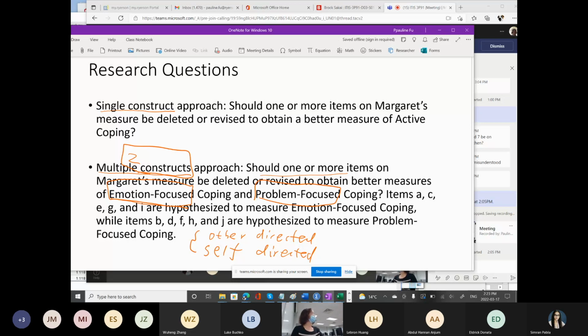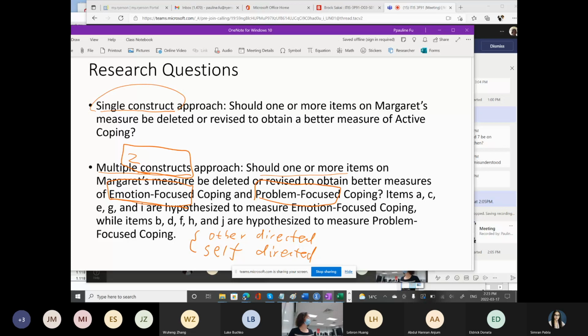Okay? So there are actually two big questions. One question is single construct. The other question is two constructs. Under two constructs, there are two possibilities. One possibility is emotion-focused, problem-focused. Another possibility is other-directed, self-directed. I will give you the final result now.